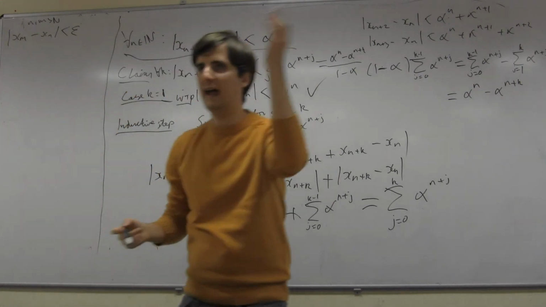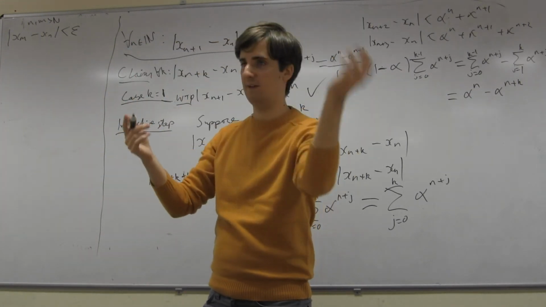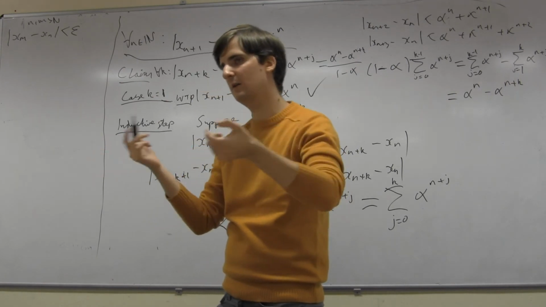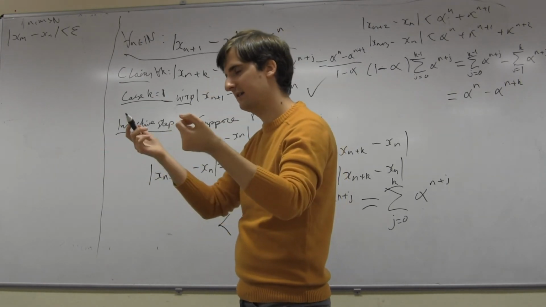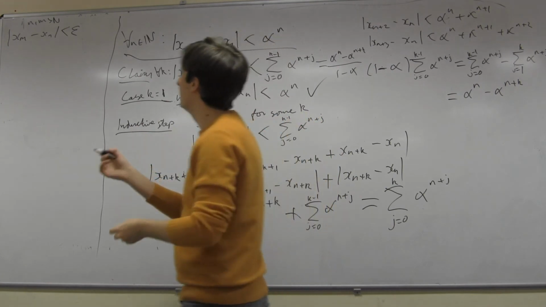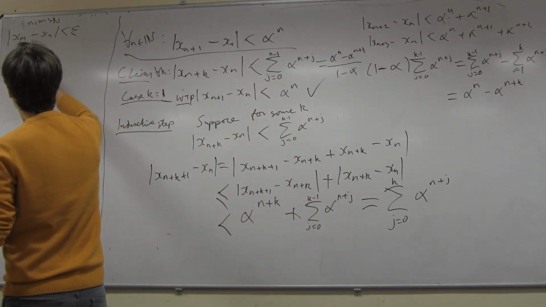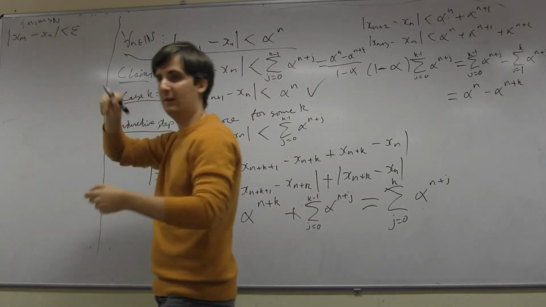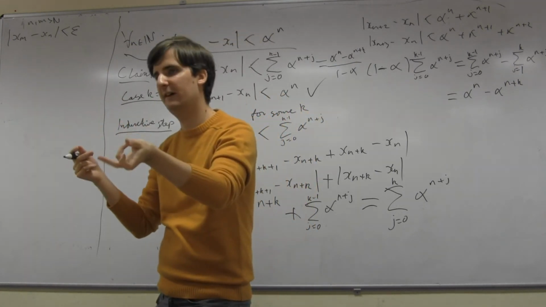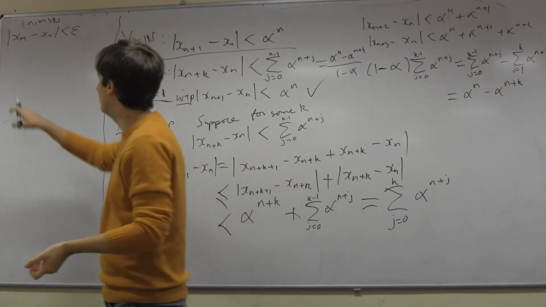So either n is bigger than m or m is bigger than n. In either case, you can define one of them as the smaller one. Let's call the smaller one n without any loss of generality, and let's call the bigger one m.